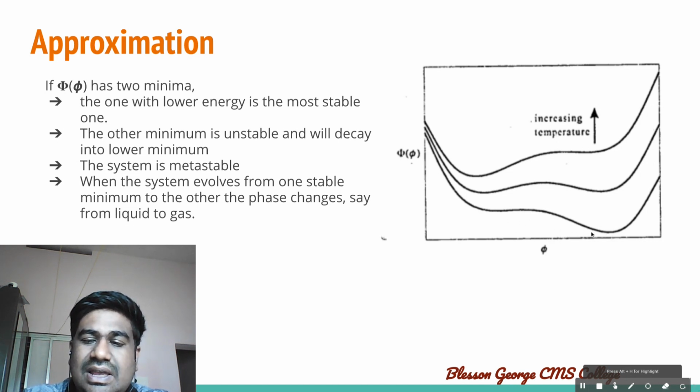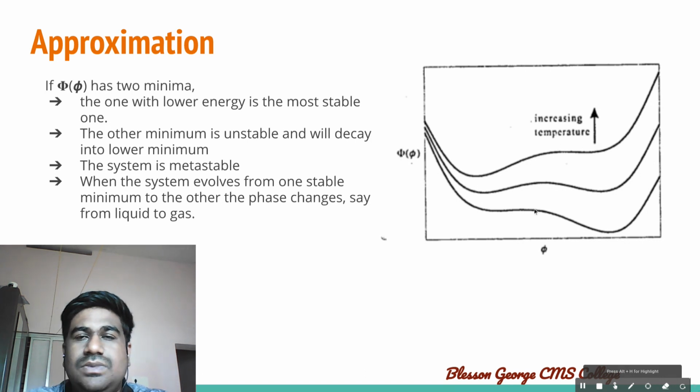If this is a liquid phase, this will correspond to a liquid phase, and this will correspond to a gaseous phase. So the liquid phase has the lower energy, lower potential, and when the temperature increases, what happens? The gaseous phase attains the lower free energy. So the gaseous phase is more probable, and the material will change from liquid phase to gaseous phase. Got it?